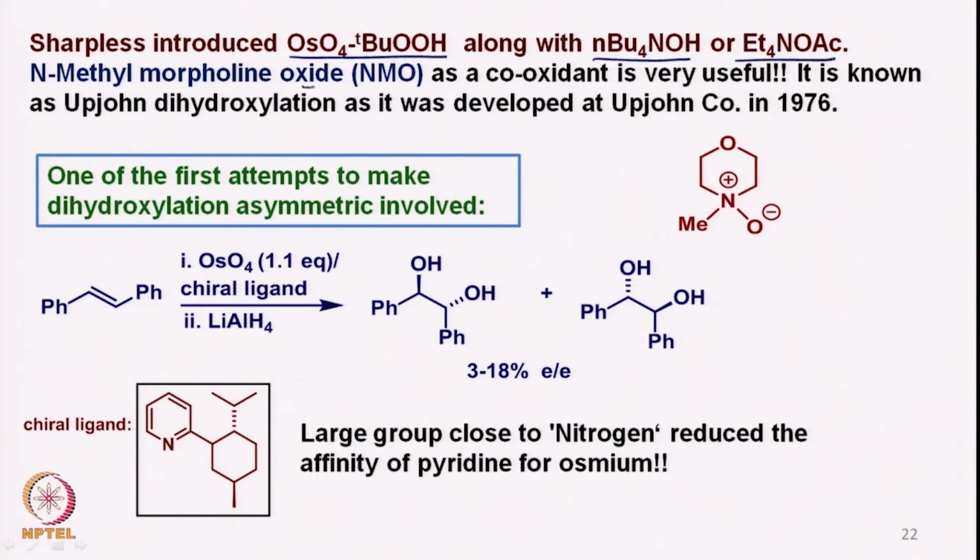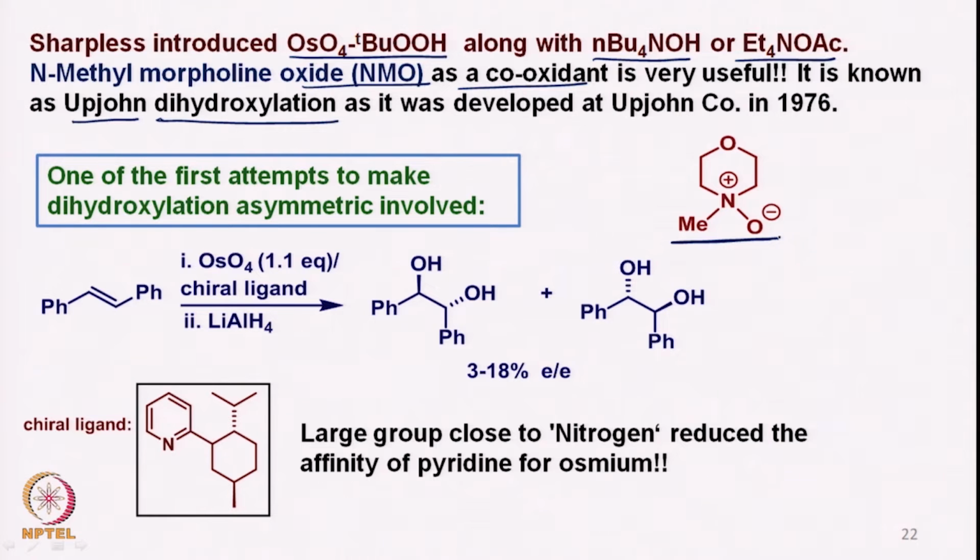Also N-methyl morpholine N-oxide, NMO, was used as a co-oxidant by the Upjohn company, and that is why it is known as Upjohn dihydroxylation, because it was they who first developed the use of N-methyl morpholine N-oxide in the dihydroxylation. So this NMO, that is N-methyl morpholine N-oxide, is something that we had discussed earlier.